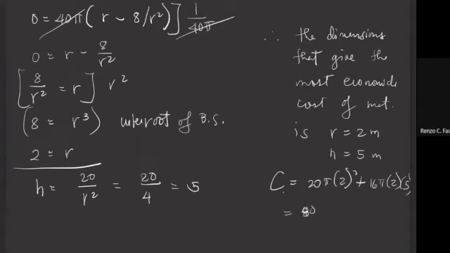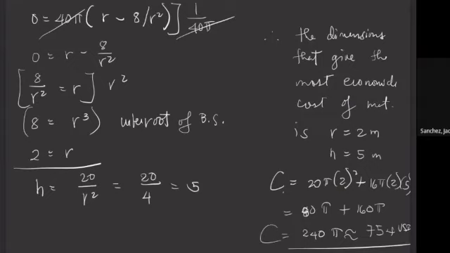So this is 80. 80 pi plus, this is 160 pi. So giving us how much, class? 240. This is 3.14, right? So more or less, it gives us a value of 754 USD. That's the total cost. Okay. All this are clear.